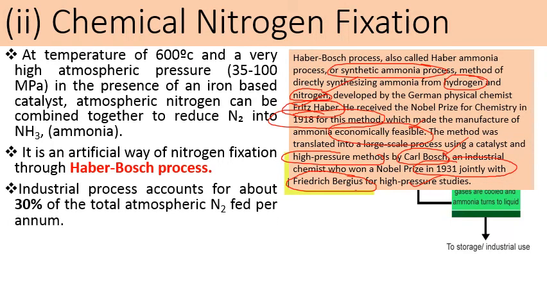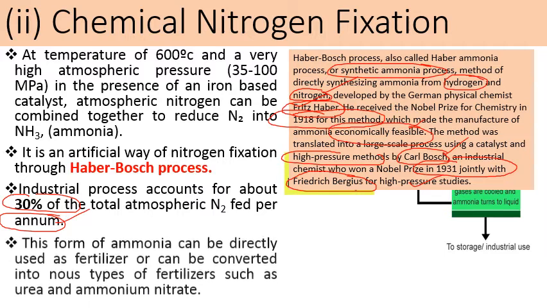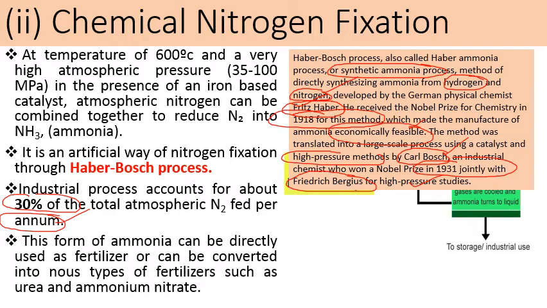So this is basically the brief information regarding Haber and Bosch. So this is the industrial process of nitrogen fixation and it accounts for about 30% of total atmospheric nitrogen fixed per annum. So fixation इससे जो होती है that is approximately 30% and in physical method there was only 10% fixation per annum.